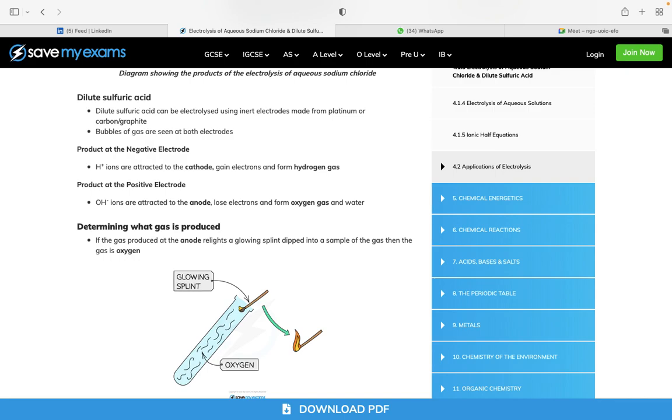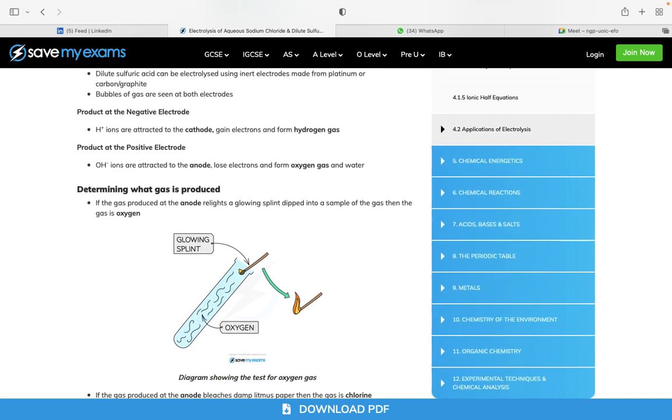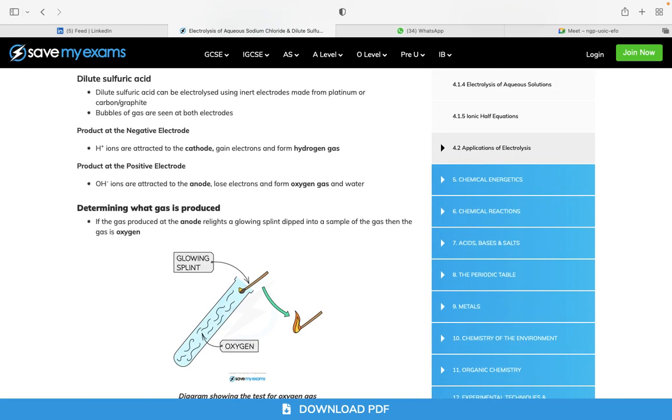Now this gas, you can put in a test tube and test whether it is oxygen gas, hydrogen gas, or carbon dioxide gas, whatever gas is being produced. There are basic tests for all of this.